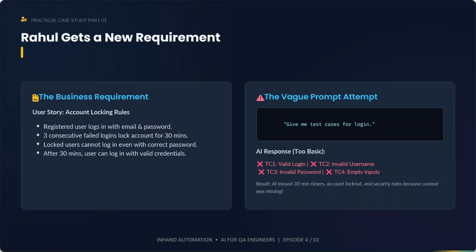He did not give the requirement to AI. He wants test cases for login on what requirements? He did not provide that, and he is expecting AI to understand information which was not provided. And that brings us to today's topic, prompt engineering.